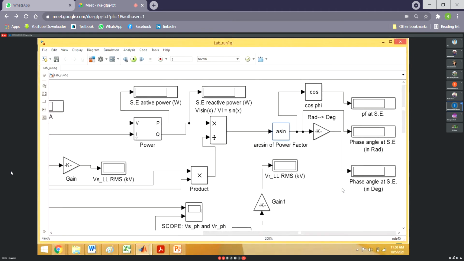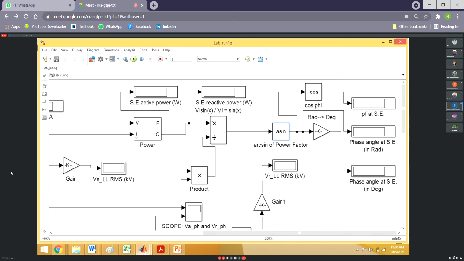If we take VI cos x by VI, then I cannot get the power factor type, whether it is lead or lag. But if we make VI sin phi by VI, then we can get sin phi negative or positive. From there, we can assess the type of power factor also. That's why I modified this one, right?